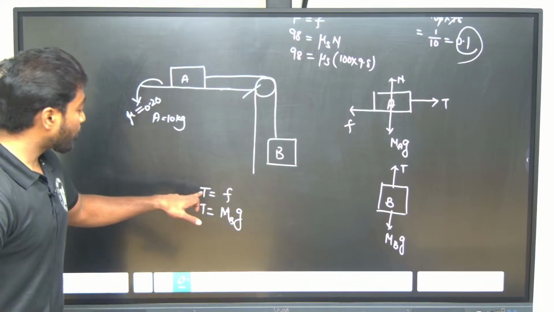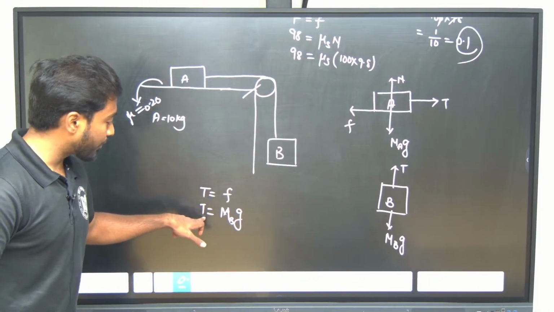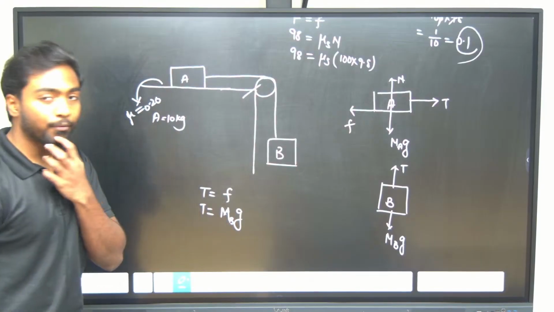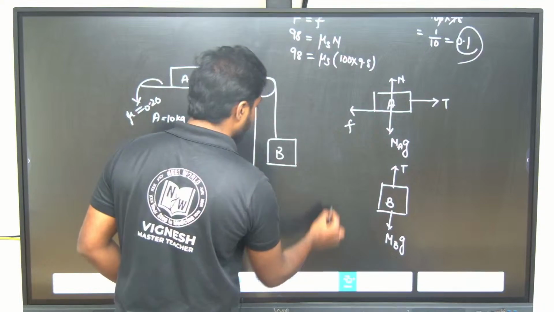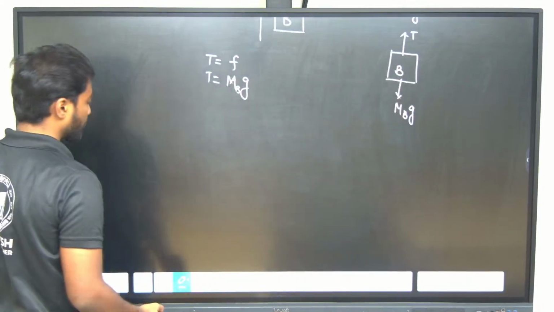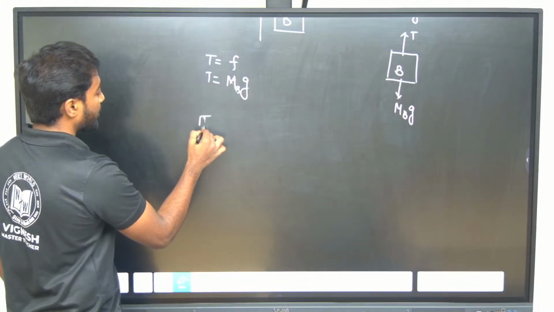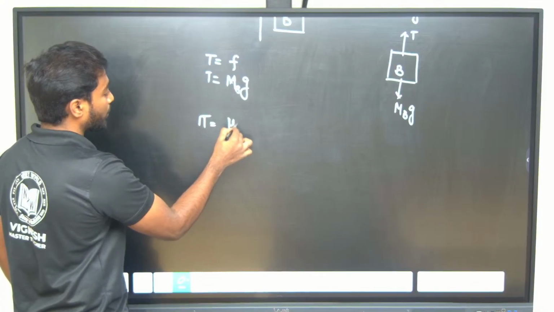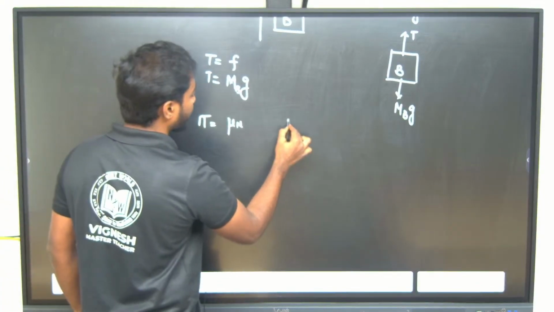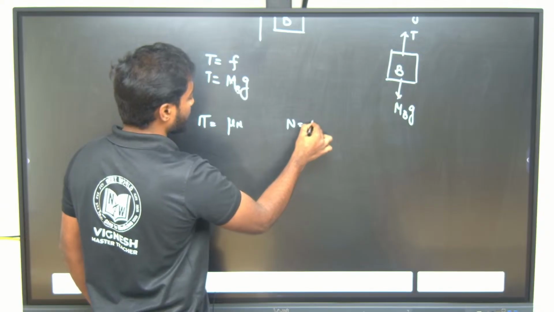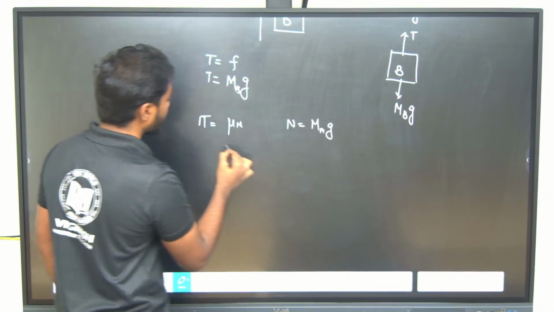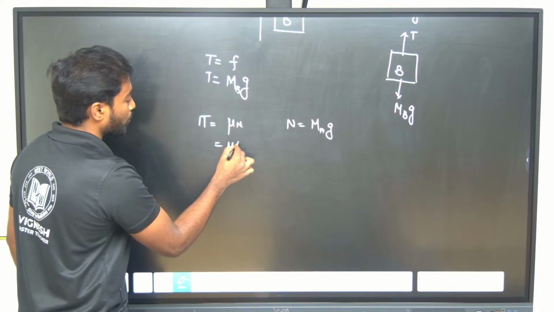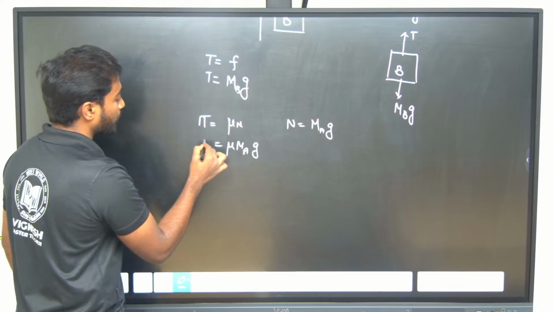So if I find what T is, I can substitute the value of T here and find the value of mass B. T will be equal to f, which is nothing but mu into N, where N is nothing but m_A into g. So tension will be mu into m_A into g.